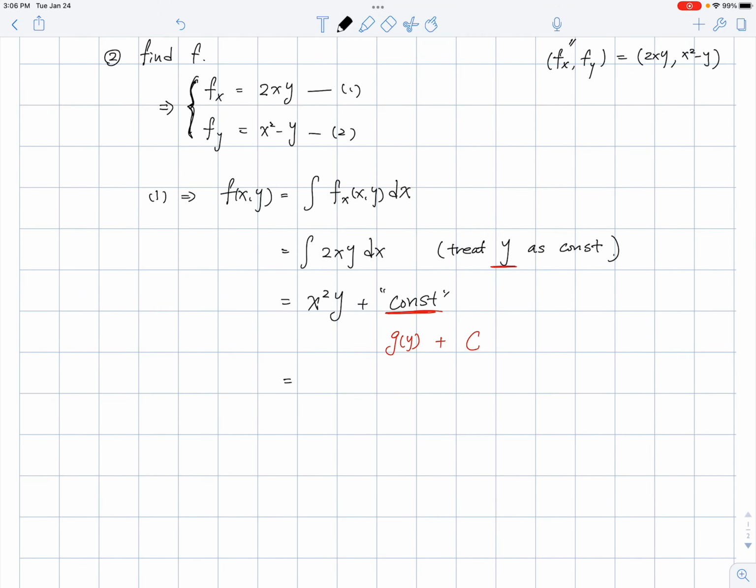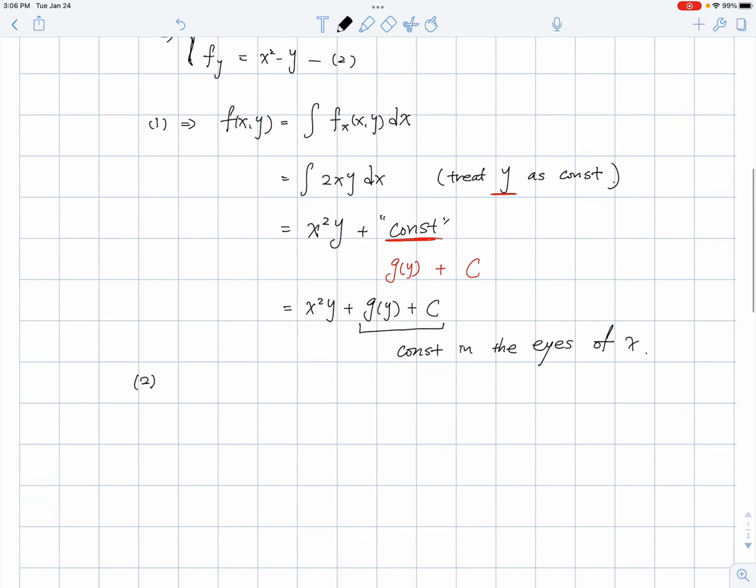So therefore, from the first equation, you know that this potential function should look like something like this: x squared y plus g of y, where g of y is a constant in the eyes of x.